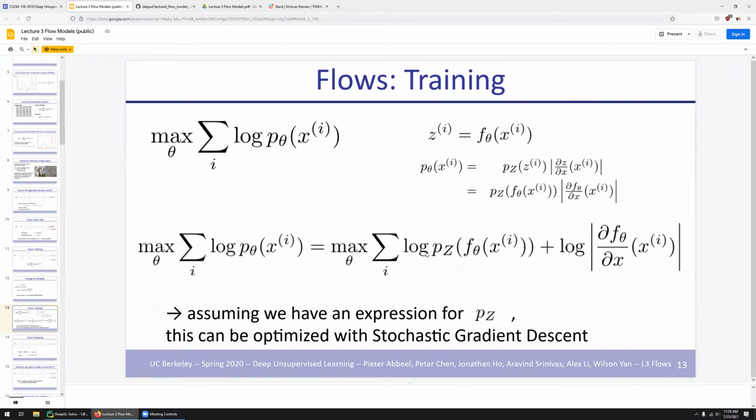Right, according to the code. Now, I have to think through whether they are equivalent, but at least that's what we seem to have done in the code. We calculated Z, as you pointed out, then we take the log probability of Z and then take the probability of Z of that value.